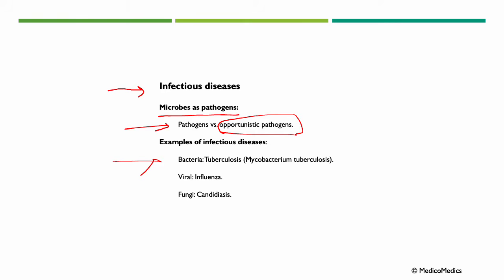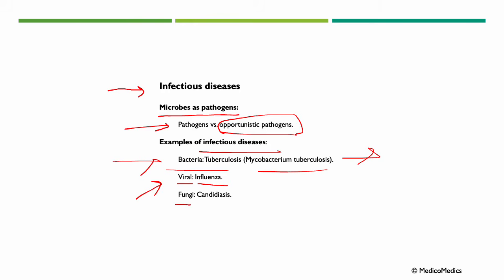Now, some examples of infectious diseases: bacteria, so tuberculosis or Mycobacterium tuberculosis, which is a serious respiratory disease that primarily affects the lungs. Another one is caused by viruses, like influenza, which is a contagious respiratory illness caused by influenza viruses, often leading to seasonal outbreaks.